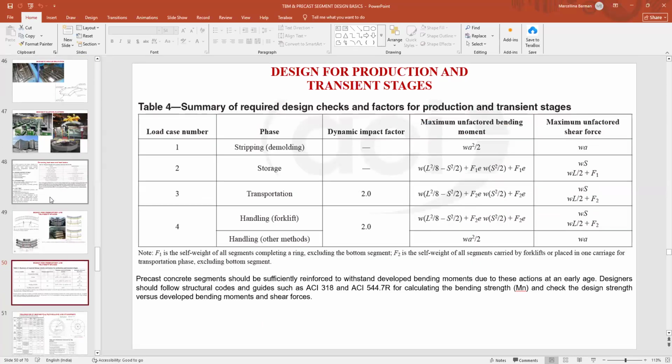If these moments are very high, in the temporary stage, we'll have a very high moment, and if at the edge of the segment you don't put the proper reinforcement or proper arrangement, you can get cracks. So basically, the length of the piece is restricted for that reason. You don't want additional handling moment.